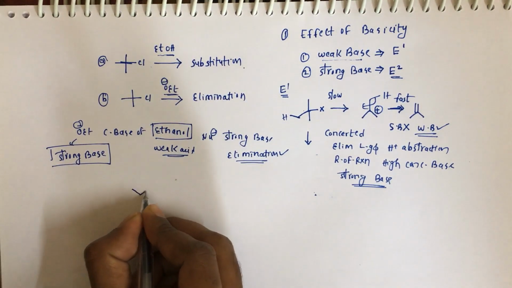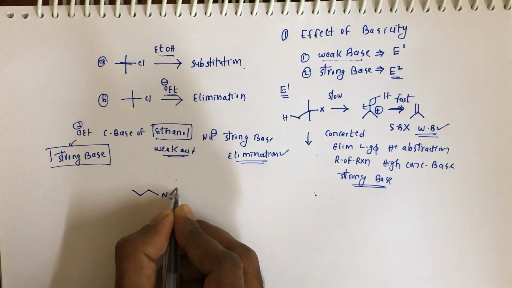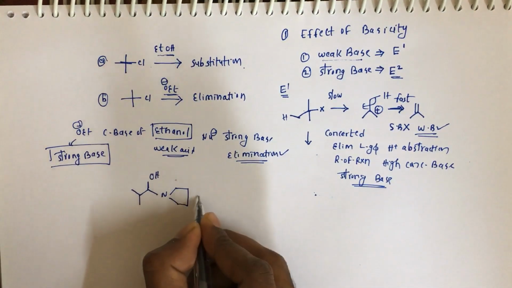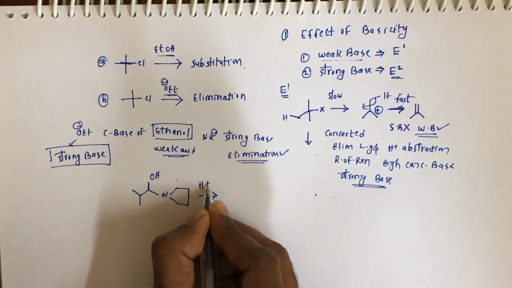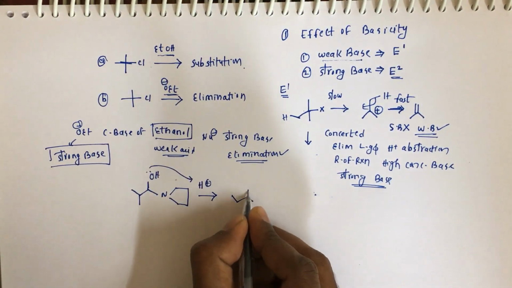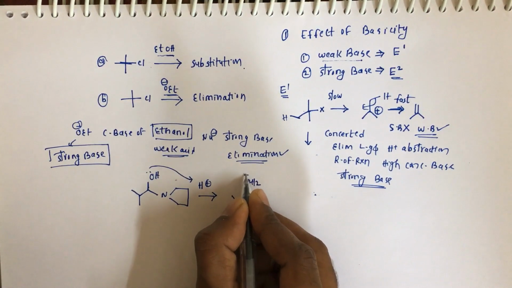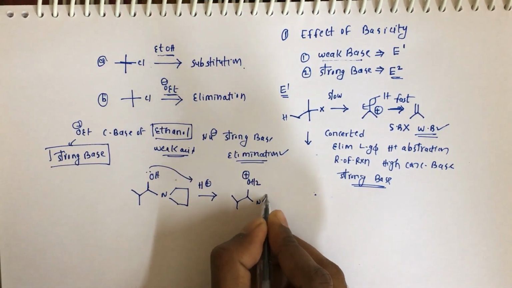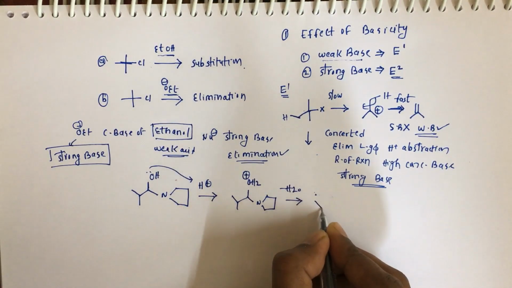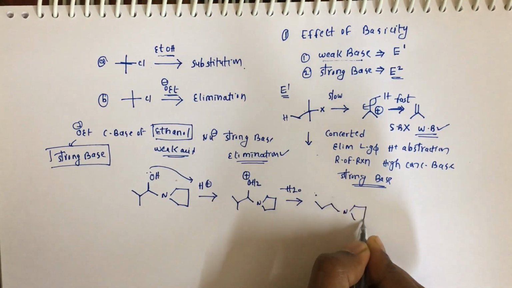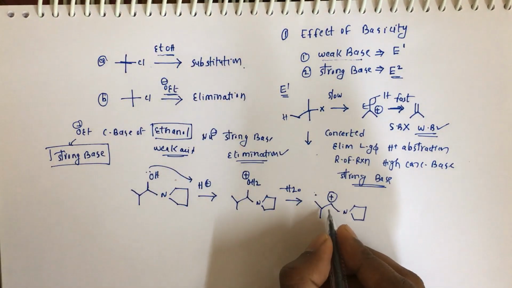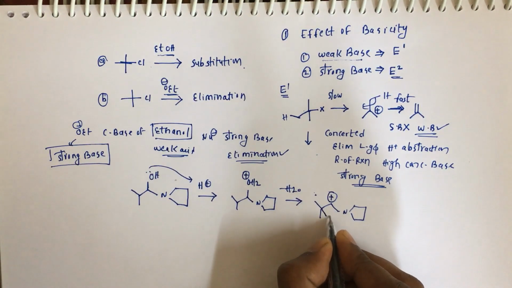Another thing: when we have an OH in the acidic medium, what will happen? This lone pair abstracts this hydrogen, then this gets converted into OH2. Now the elimination of water takes place, and this will be a positive charge. Here this will be alpha and this will be beta.